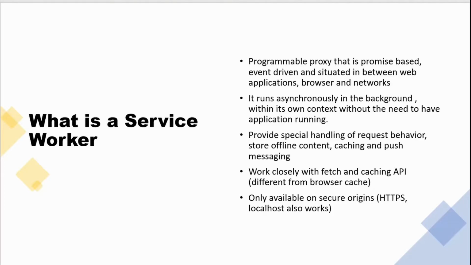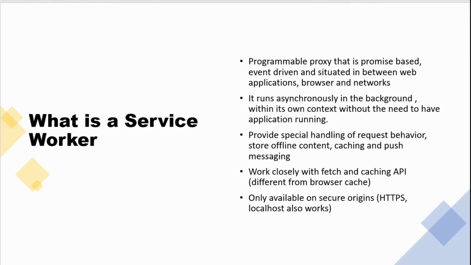It also runs asynchronously in the background within its own context. This context is different from the browser context where you have access to the window. And because it runs in the background, it doesn't need to have your web app open or running. It also works when your web app is closed.